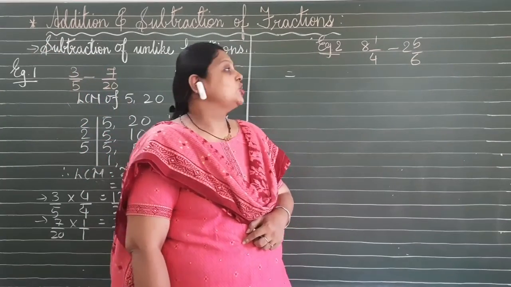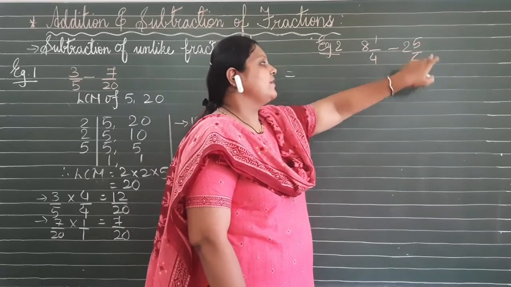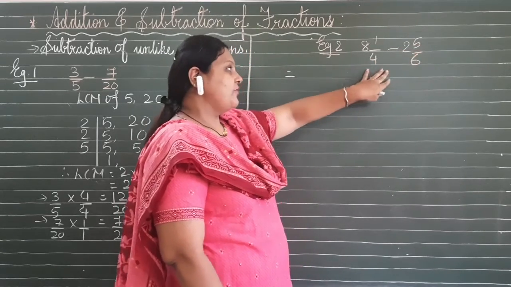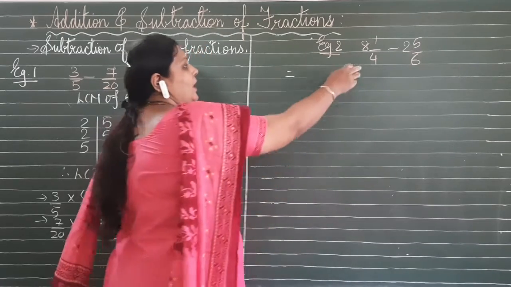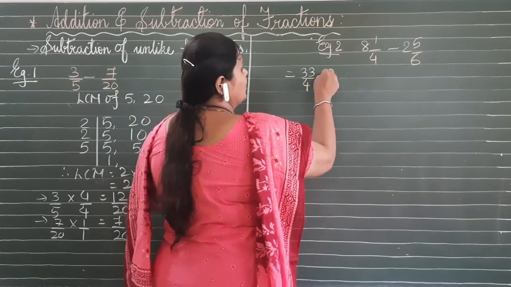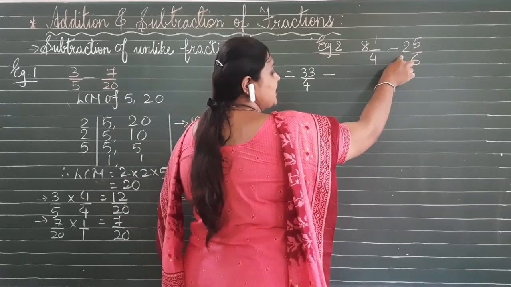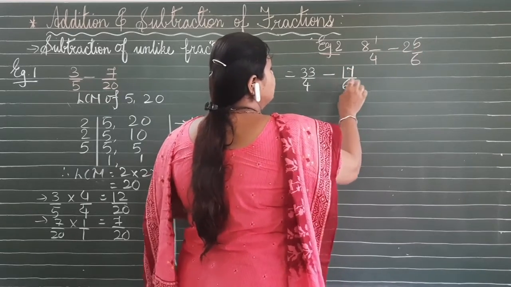Now example 2. 8 integer 1 upon 4 minus 2 integer 5 upon 6. Mixed fractions are given. We will convert into improper. 8 4s are 32 plus 1, 33 upon 4 minus 6 2s are 12, 12 plus 5, 17 upon 6.